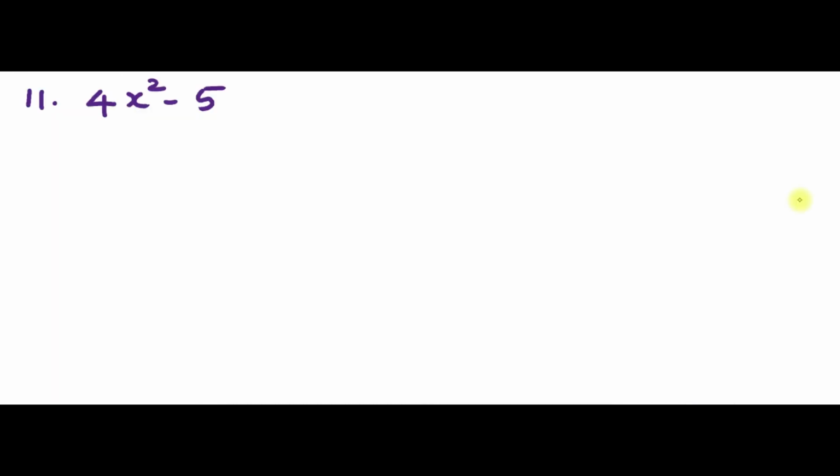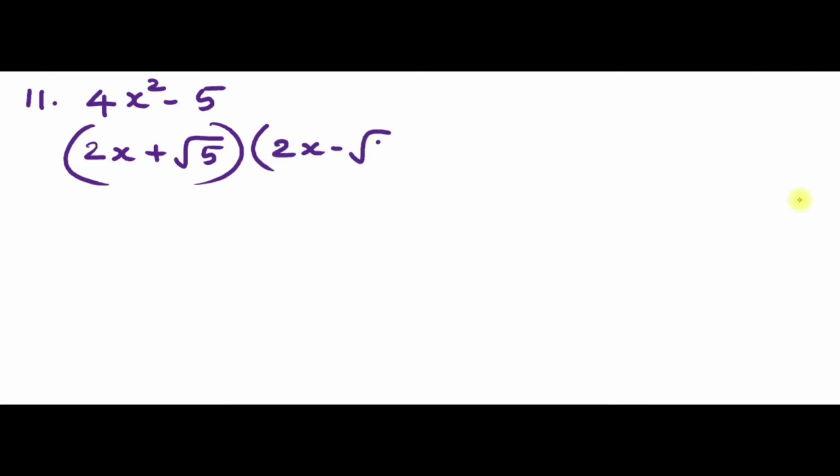So both your answers are correct. Next question is 4x square minus 5. Find the zeros of 4x square minus 5 and verify the relationship between zeros and its coefficients. Here 4x square minus 5 can be factorized as 2x plus root 5 multiplied by 2x minus root 5, since it is of the form a square minus b square is equal to a plus b into a minus b.